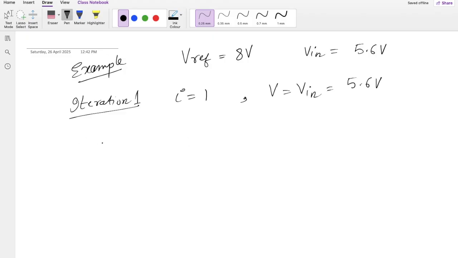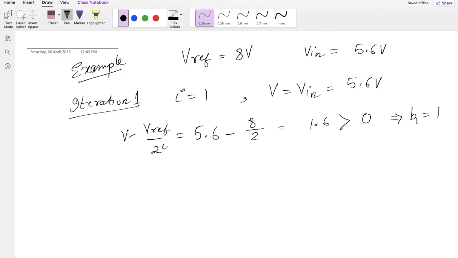Now V minus Vref by 2^i is 5.6 minus 8 by 2, because I equal to 1. This happens to be 1.6 volt, which is greater than 0. This implies B1 is equal to 1, and therefore V will be updated to 1.6.